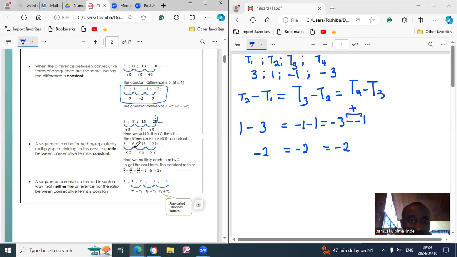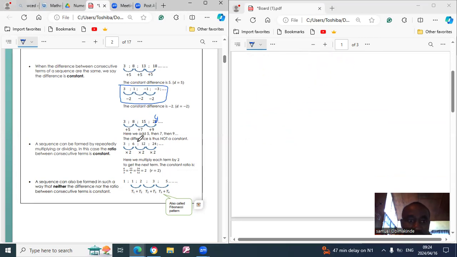If you see this, the explanation here is that you take the higher term for any 2 consecutive numbers. So let me write that sequence again. We have 3, 6, 12, 24, and so on, right?